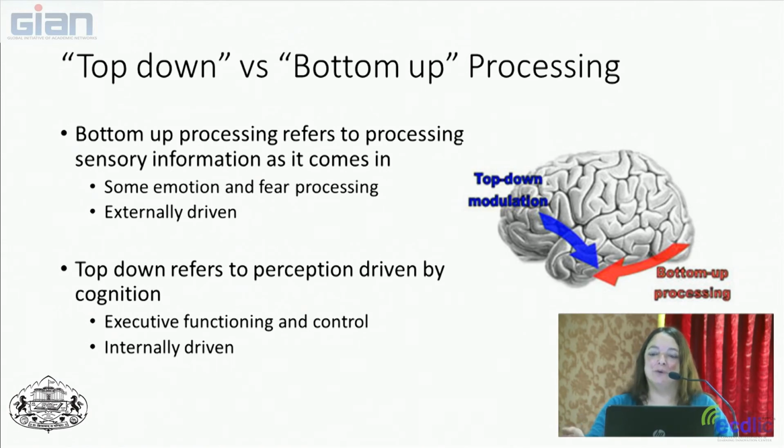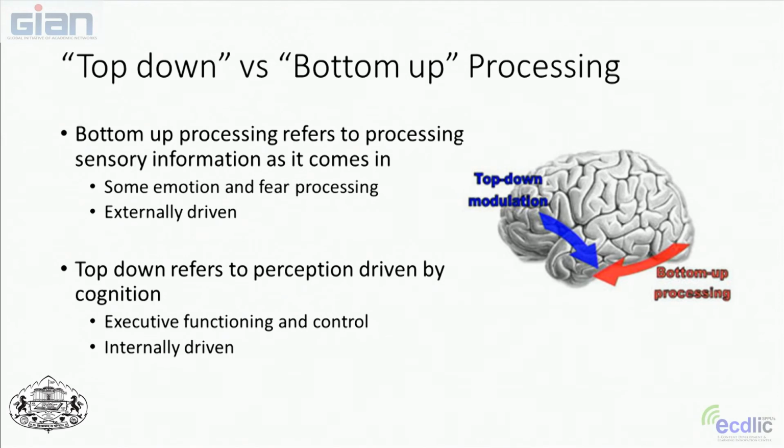And when we do fear learning, fear acquisition, we consider that to be a bottom-up process. And it's this top-down control that helps us rationalize our fears and say, okay, we know we're afraid of this, but it's not really something that's going to harm us. For example, in the case of phobias and things like that.